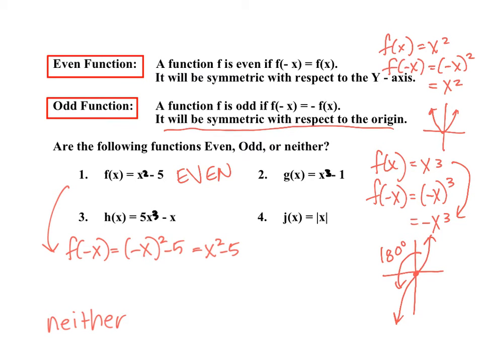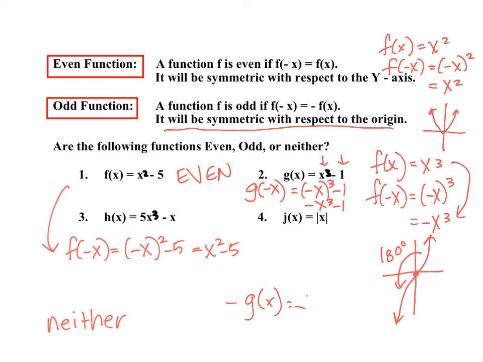Let's look at the next one. g of negative x is negative x cubed minus 1. Now you may say, oh, that one is odd. Well, it's not, because both terms need to change sign, right? So let's just look at what negative g of x would have looked like.